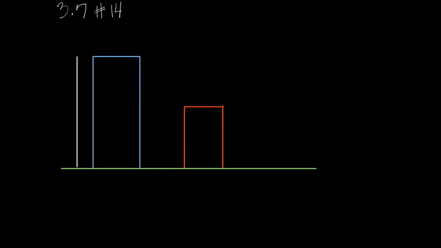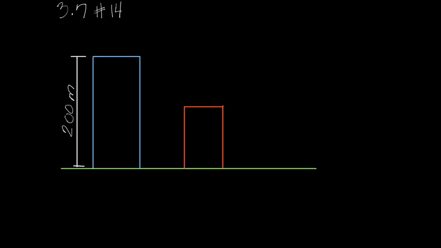So the distance from the ground to the top of the building is 200 meters. And we'll write that like that, okay?